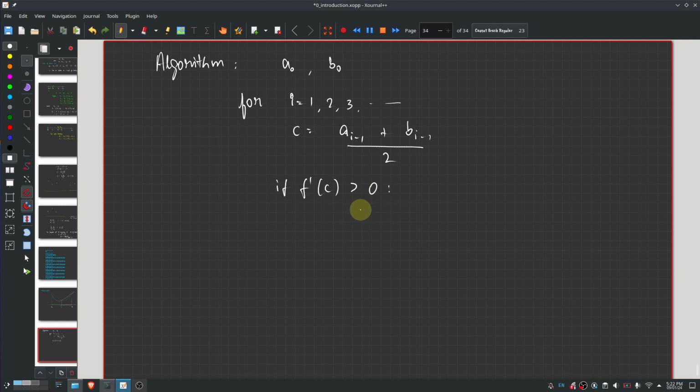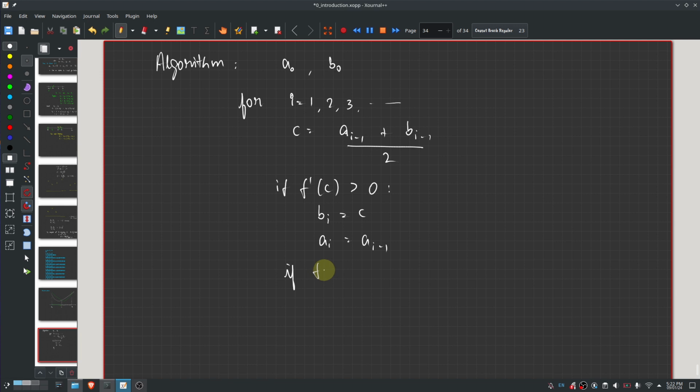If it is greater than 0, then B_i equals C and A_i equals A_{i-1}.